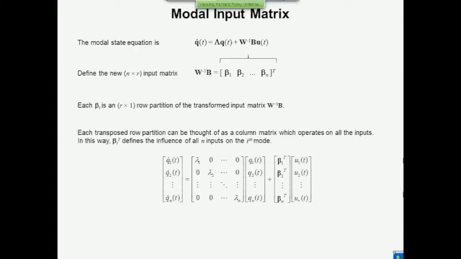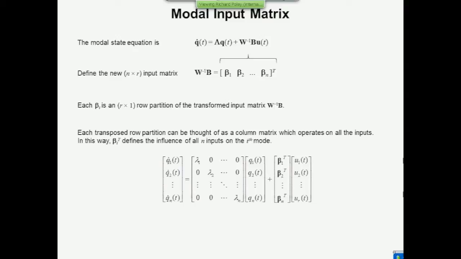And therefore, this is what your state equation looks like in full form. The derivative of the modal vector on the left equals the spectral matrix times the modal vector plus, and then these are the rows of the new modal input matrix, but I'm thinking of them as vectors, times the input vector.